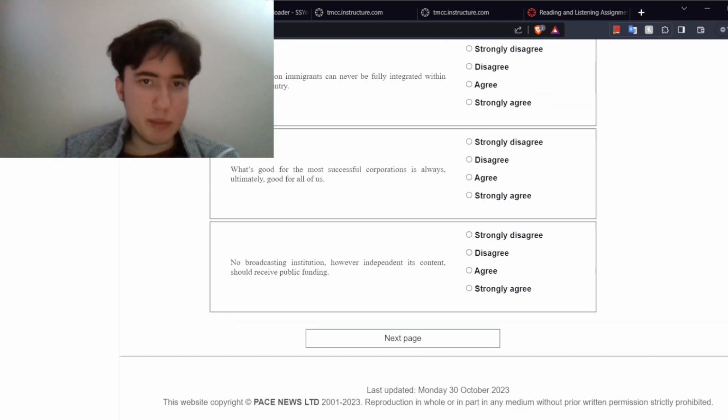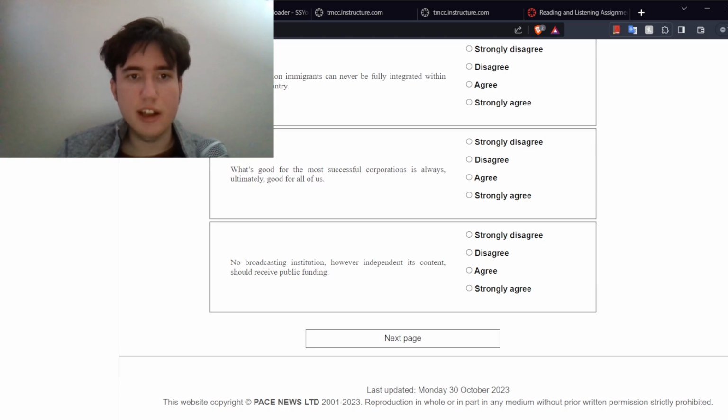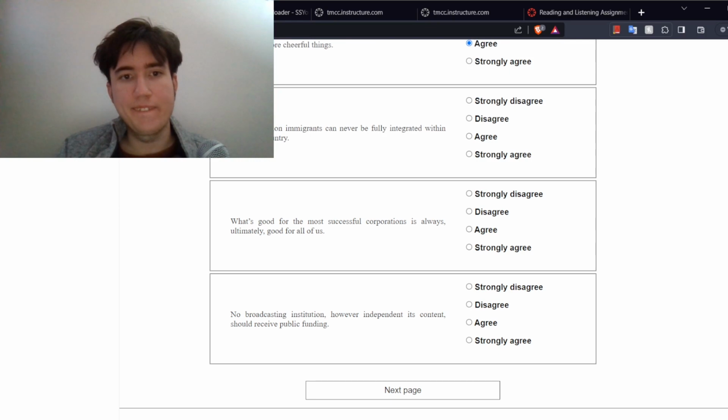First generation immigrants can never be fully integrated within their new country. I guess it depends on how young they are when they come over, and how able they are to acquire a new language. Because really, language barrier is the main thing that we're talking about.